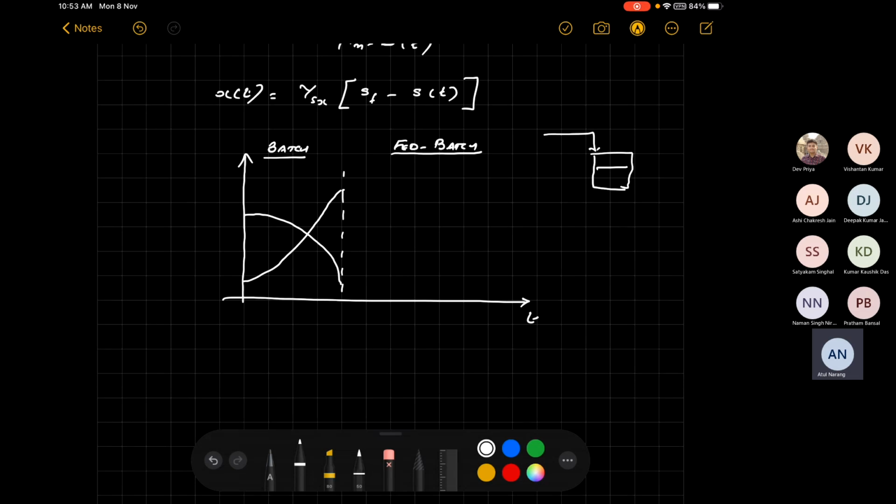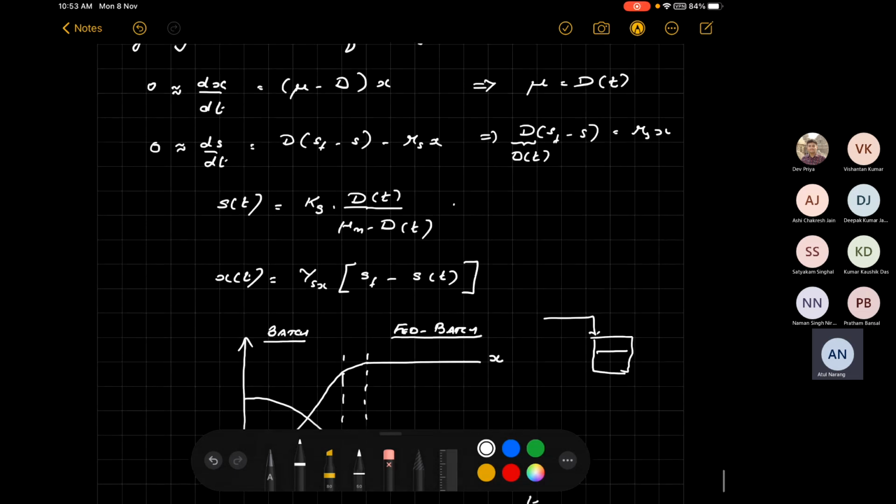So what will happen? It'll settle down to a particular value of the substrate. There'll be a small transient in between, and then ultimately it will adjust. The value of S will decrease continuously.